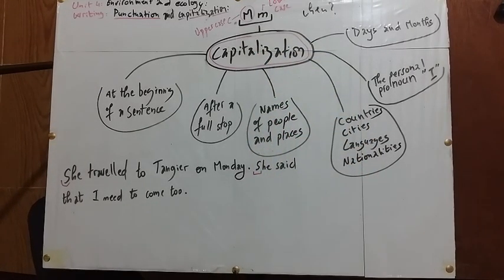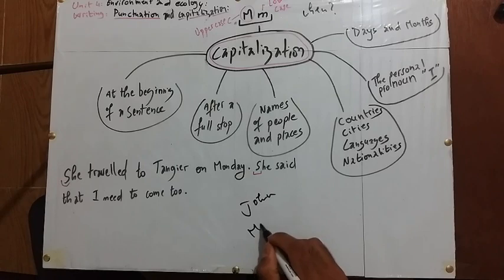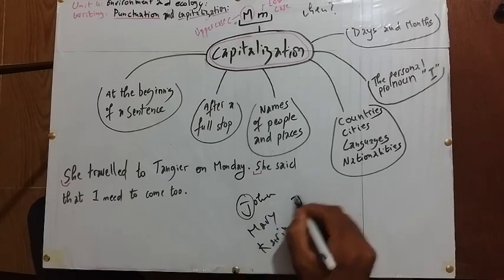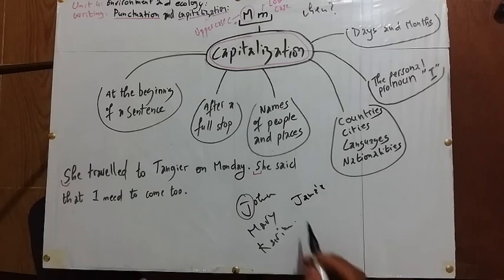So John, Mary, Karim. It can be any name of people. It should be capitalized. And places too. For instance, you can say Jemaa el-Fna. So it always starts with a capitalized letter. So names of places and people.